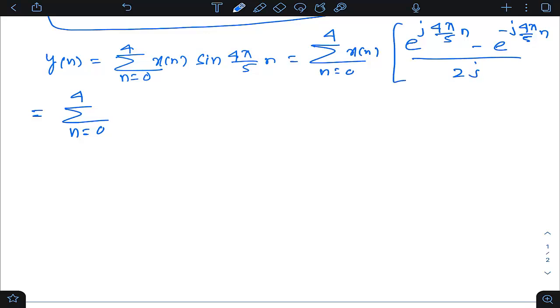Because sine omega naught n is e raised to power j omega naught n minus e raised to power minus j omega naught n, divided by 2j.